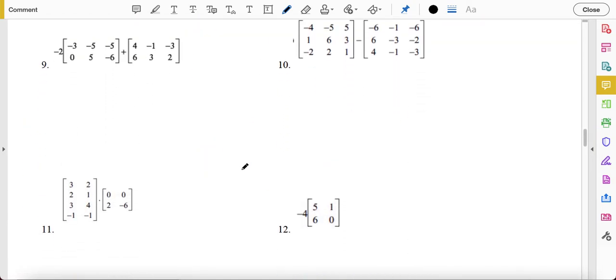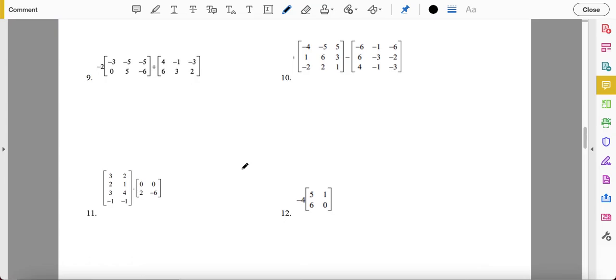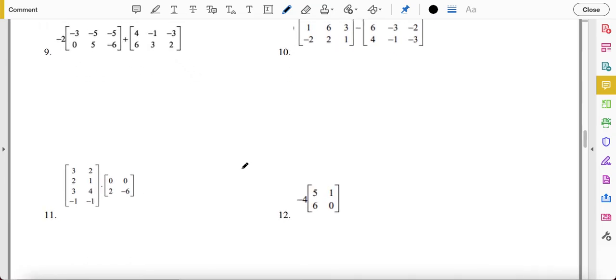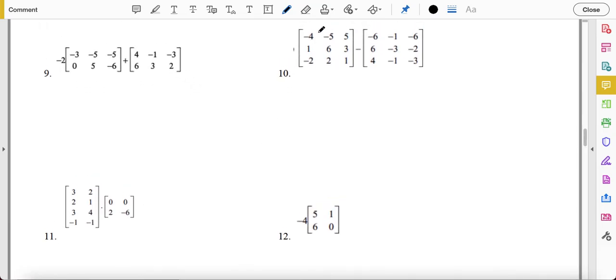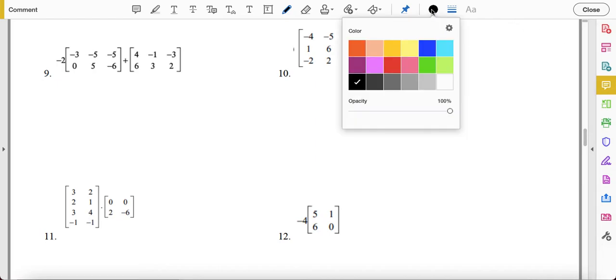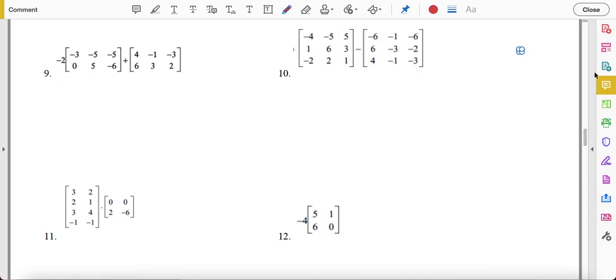All right, some more matrix operations. Notice we're just tricking it up here by adding in some other operations mixed in. So I've got -2 times this entire matrix, which I have to do first, then I'll add it to this other matrix.